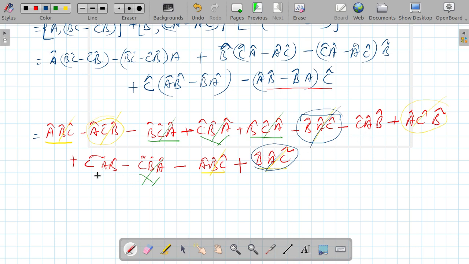Then CAB and CAB cancel. So all the terms will cancel out, and the resultant will be 0. Hence, the Jacobi identity is proved.